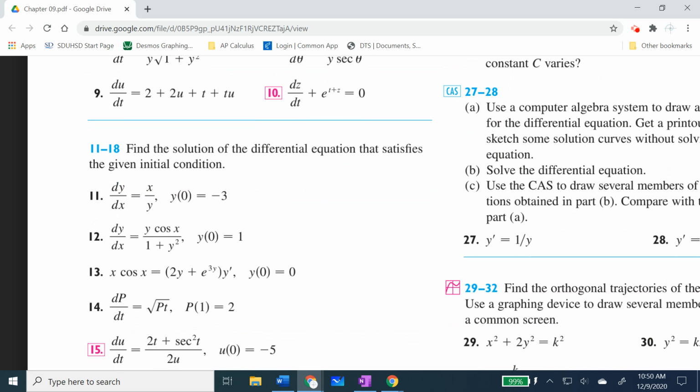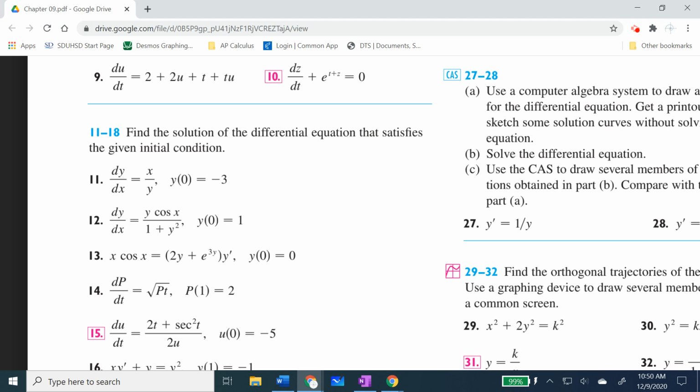Then the next set of problems are find the solution of the differential equation that satisfies the given initial condition. So you're going to find your plus c. You may or may not isolate y. And unfortunately, again, the textbook doesn't tell you when.